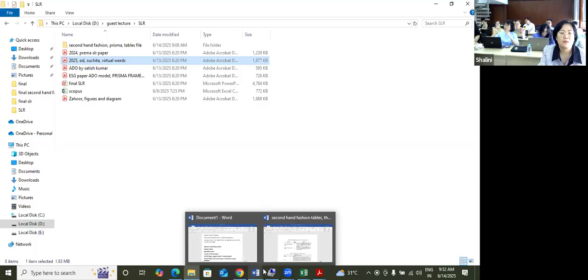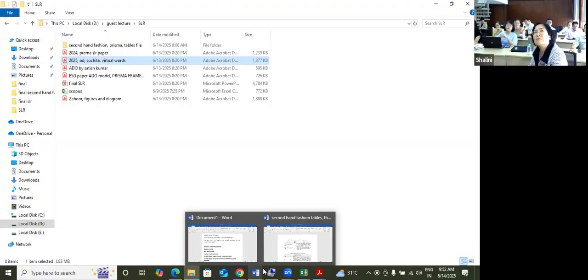So in your opinion, is it possible to publish SLR paper and not necessary to go collect survey or interview data? Yes. I have got three A category SLR papers published. So this is one, the one I have shown you, ESG paper, ADO model. Another is Prerna 2024.